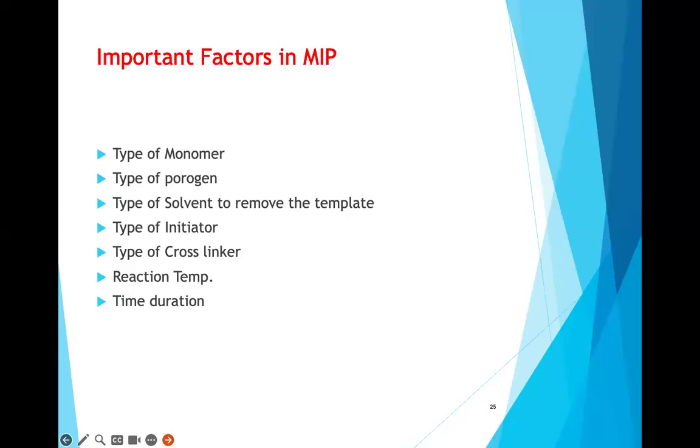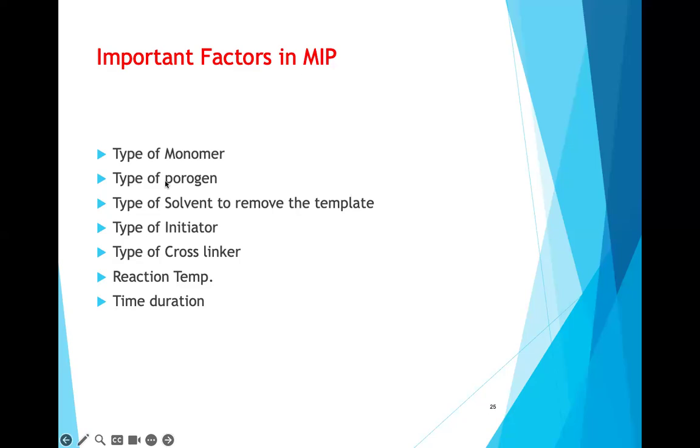Okay, this is the most important part. When we are to design imprinted polymer, these are the very important things to decide, okay? Monomer, porogen, so these are all the terms that you have to get used to.